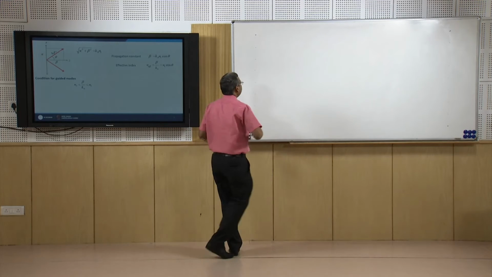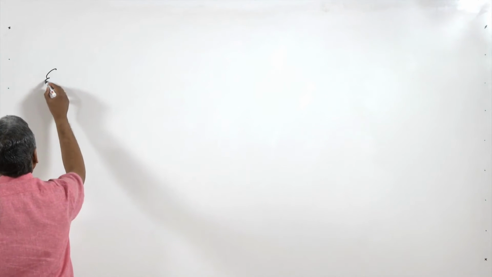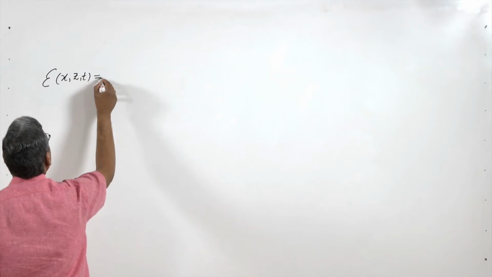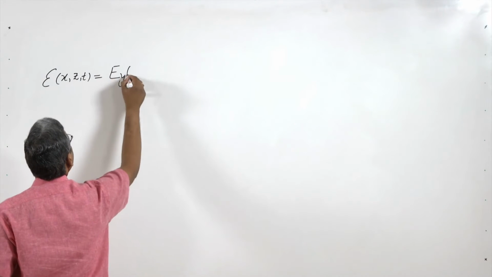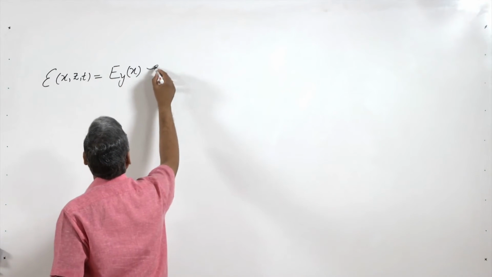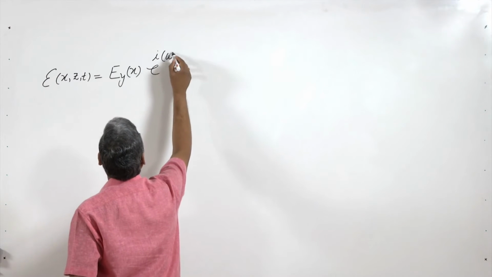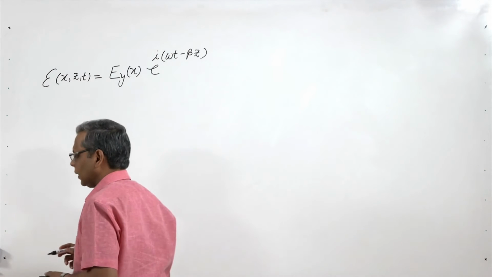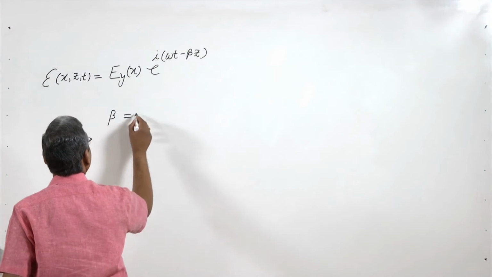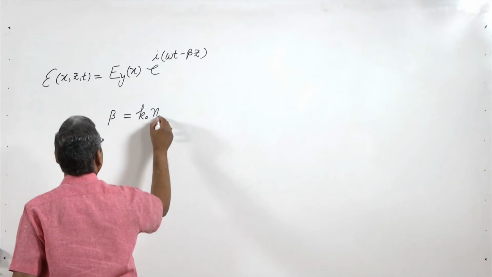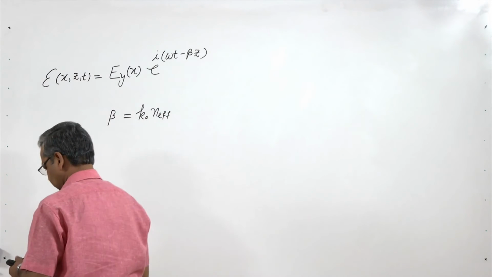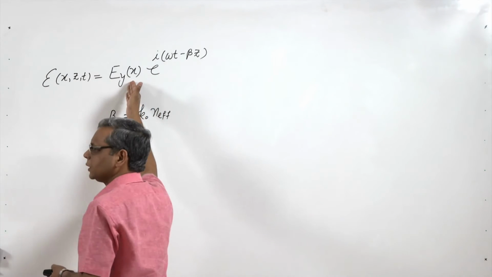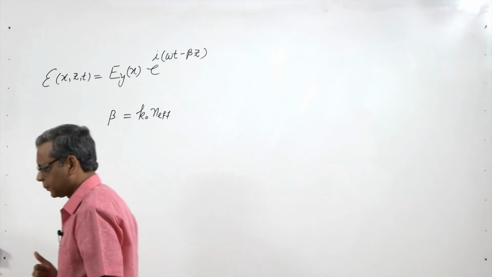If you look at it again, E of x, z, t is equal to E y of x times e to the power i omega t minus beta z. Beta is k naught n effective, which basically tells you with what velocity this particular field, this standing wave, will propagate.